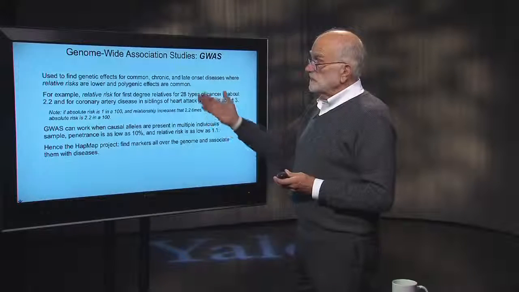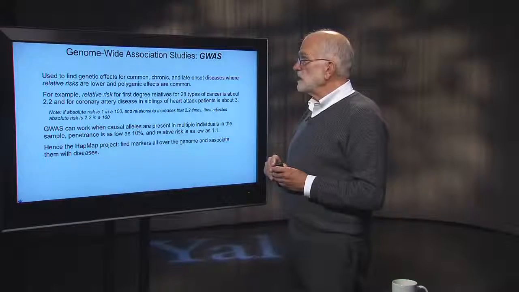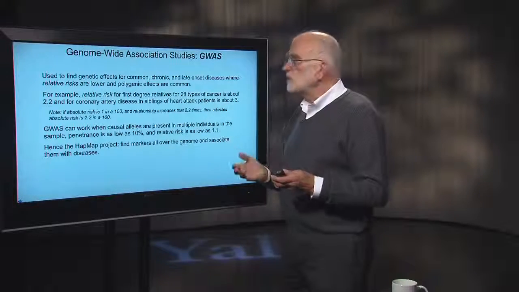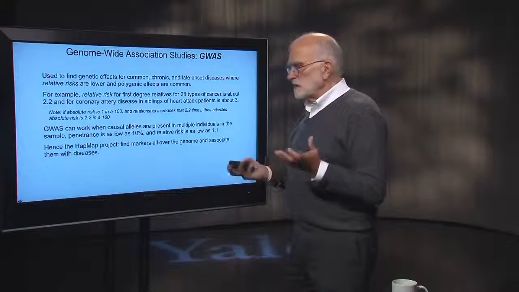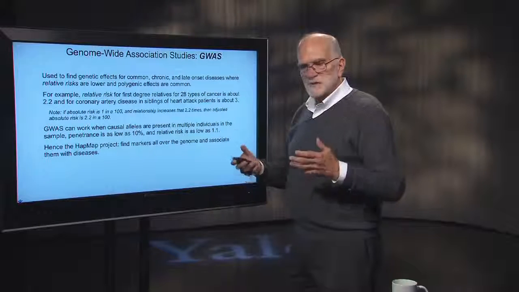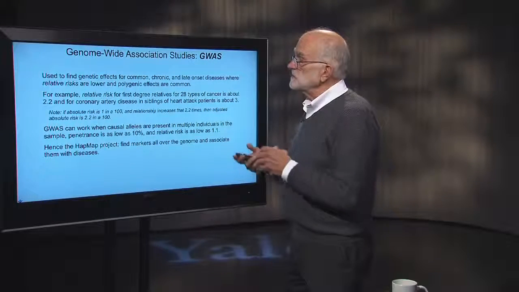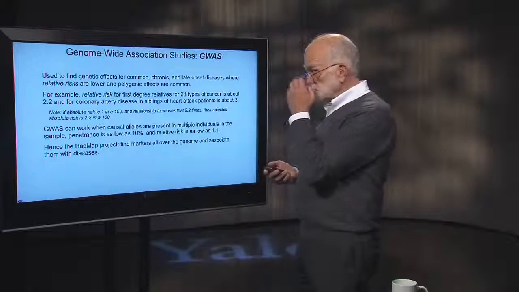They are used to find genetic effects for common chronic and late onset diseases. They are pretty effective where the relative risk is a bit lower and where polygenic effects are common. So these are not classical Mendelian genetic diseases of large effect. This is an attempt to find genetic effects on all sorts of other diseases.